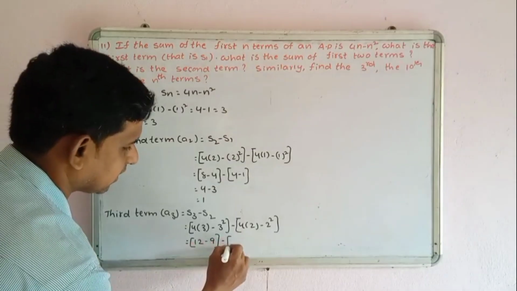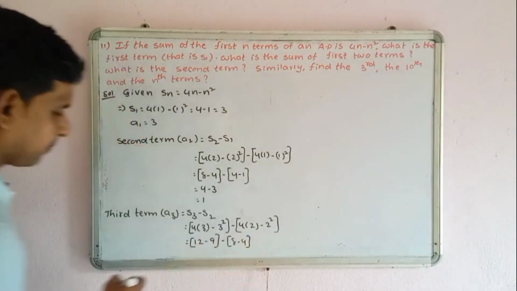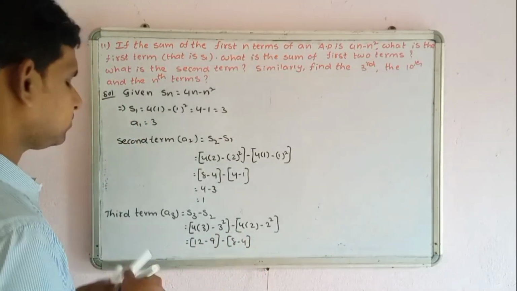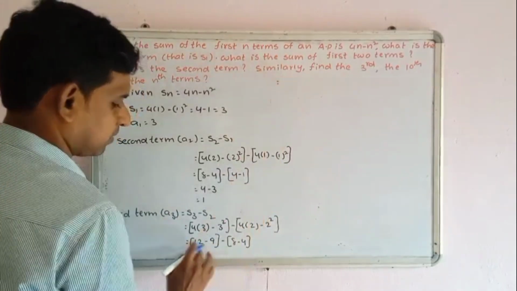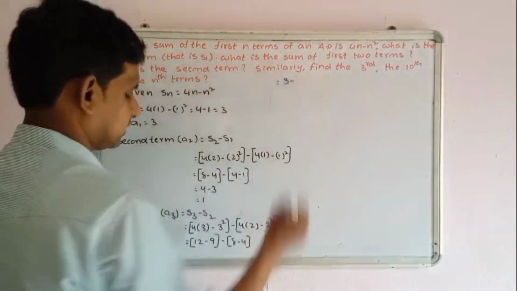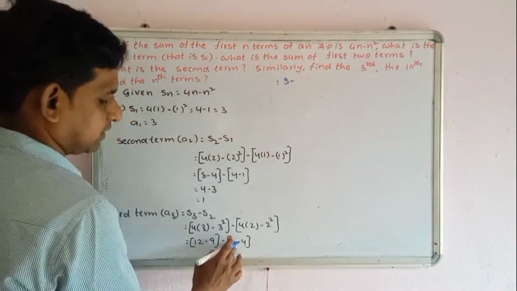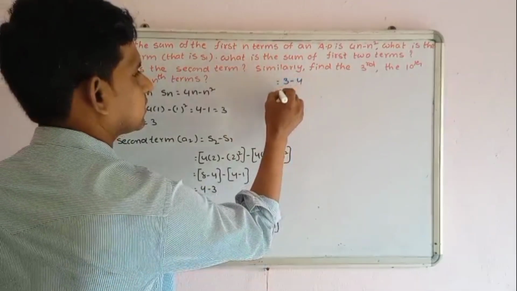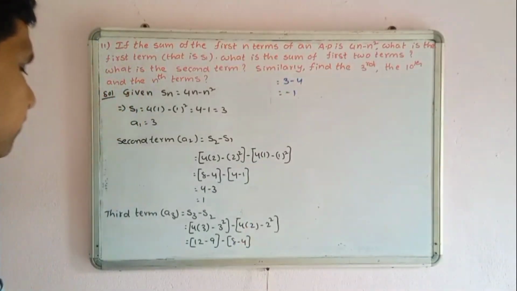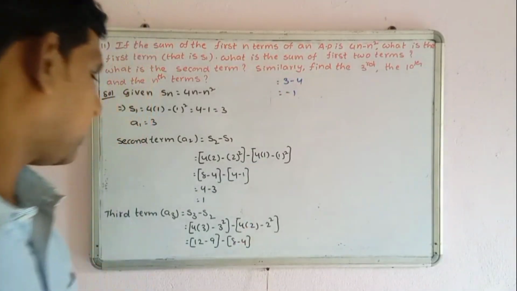Minus 4 twos are 8, 2 square is 4. 12 minus 9 is 3, minus (8 − 4) is 4. That is 3 − 4 = −1. Therefore the third term equals −1.